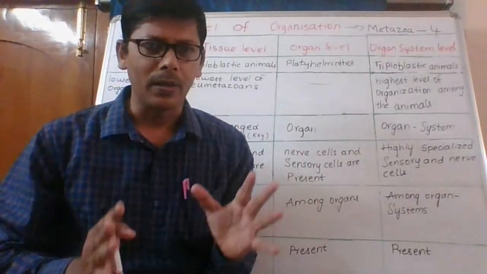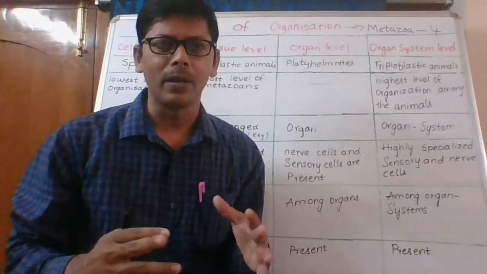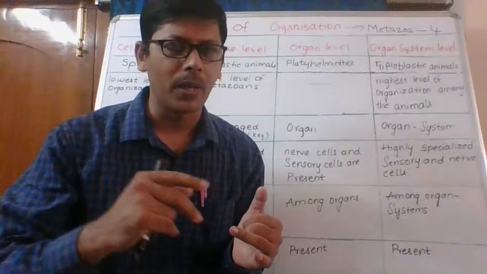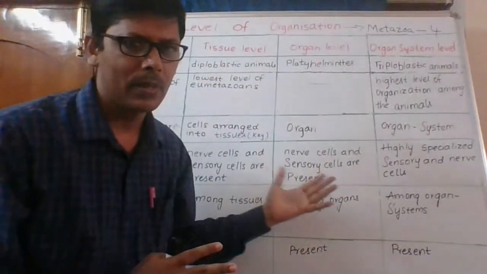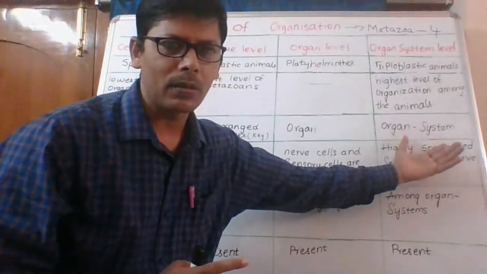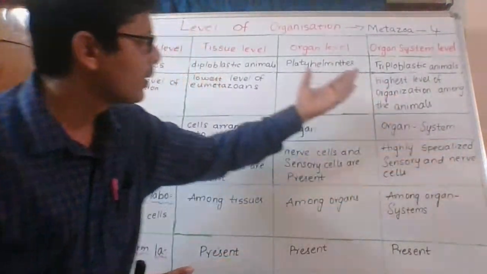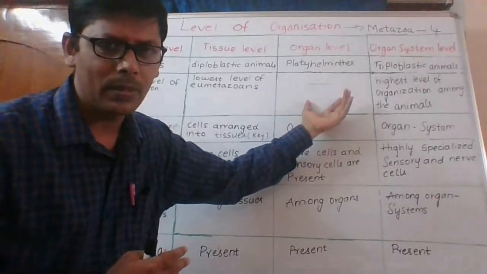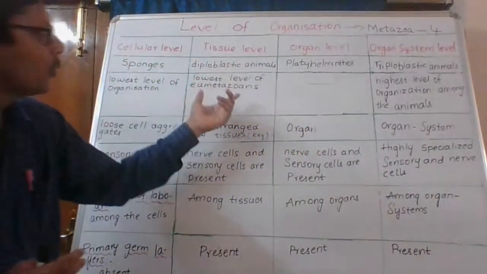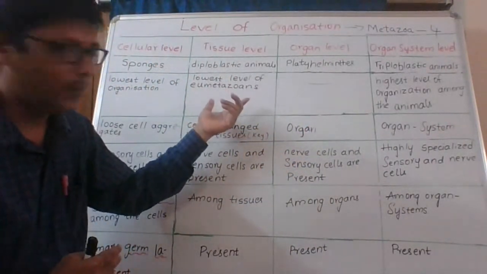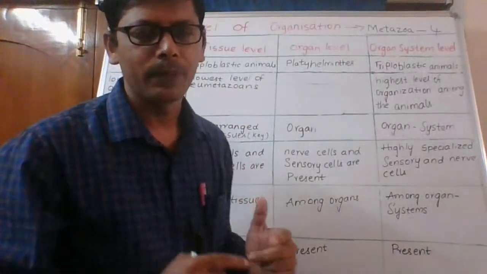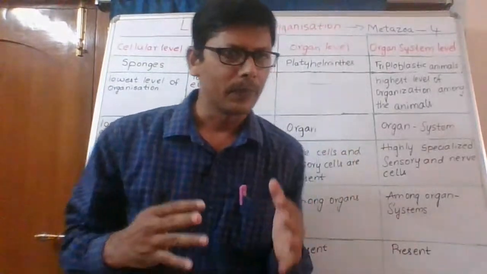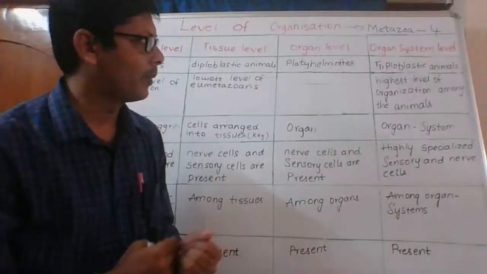We learned 11 phyla earlier, starting from Porifera up to Chordata. Which phyla come under these four levels? Most of the phyla come under the organ system level, one phylum comes under organ level, two phyla come under tissue level, and one phylum comes under cellular level.